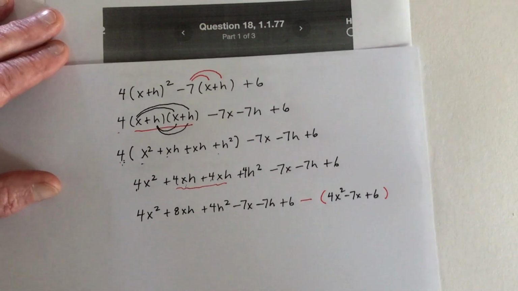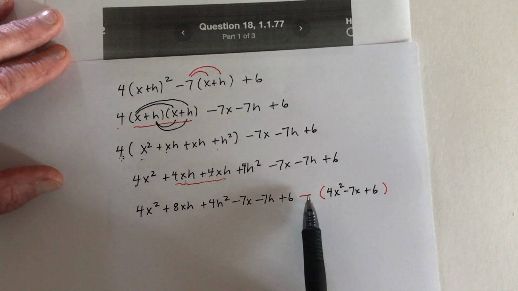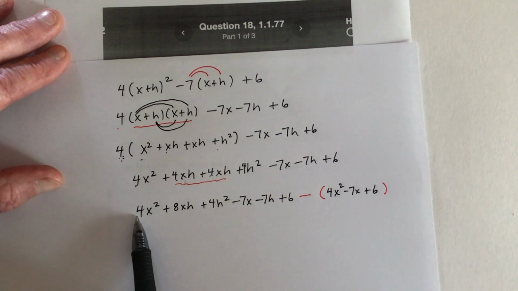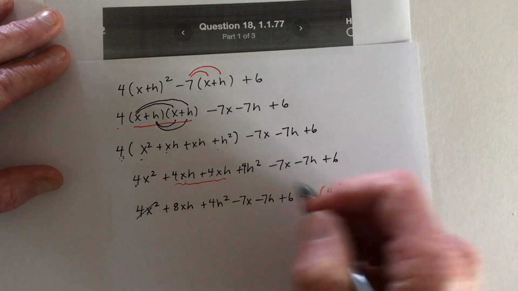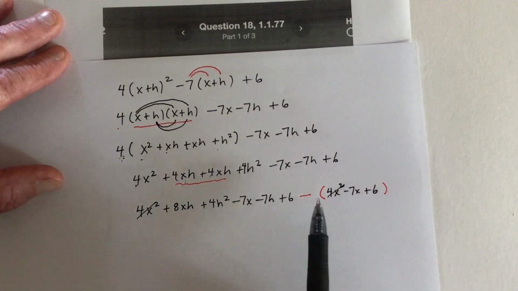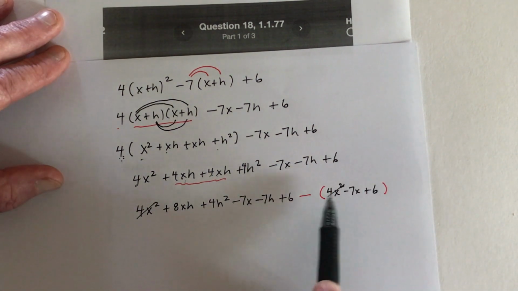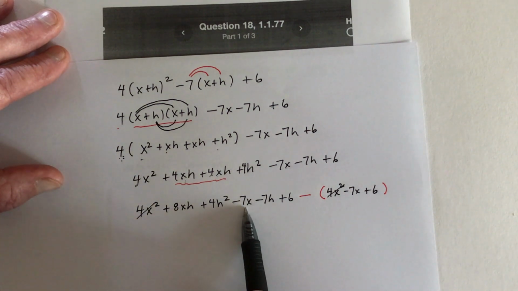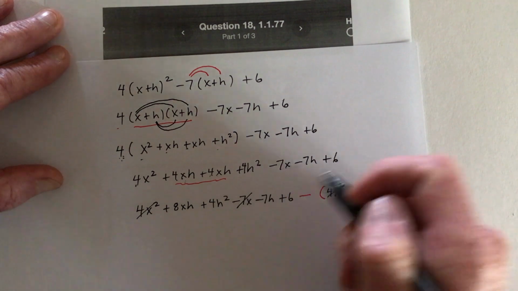And then this can be simplified because if you look at this, this is going to be a negative 4x squared, and this 4x squared are going to cancel. And this negative of negative 7x means that's a positive 7x, and this negative 7x is going to cancel.